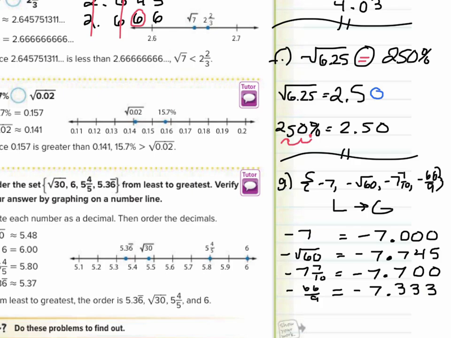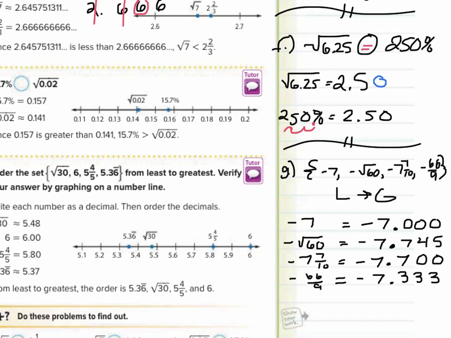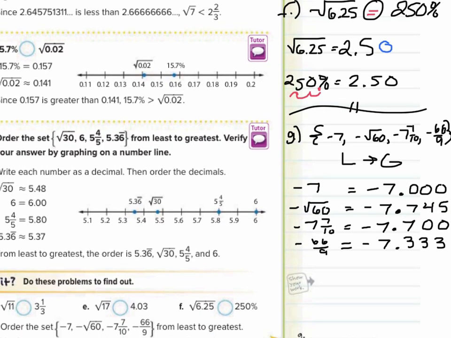And so which one is furthest away from 0? That's going to be the 745. The negative part makes the 745 the furthest away from 0. So our smallest number is the negative square root of 60. And so that's done. Then 700 is the next smallest.